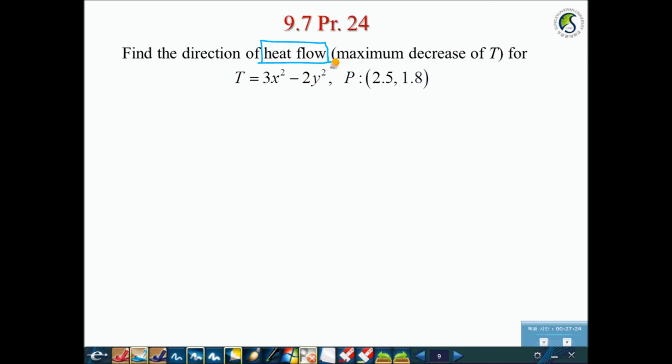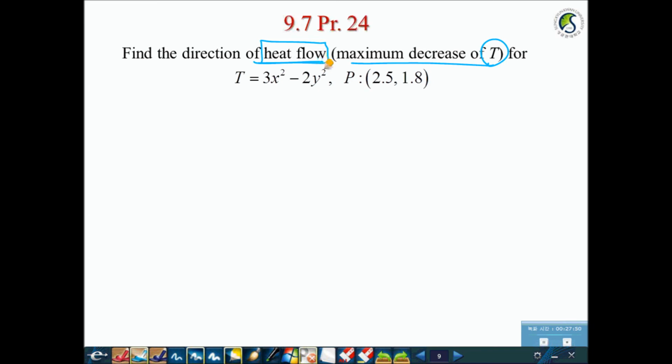And from physics, we believe that due to the temperature differences, there's heat flow. For example, if the aircon place is cooler and this place is hotter, then heat flows from here to there. That's how heat flows.